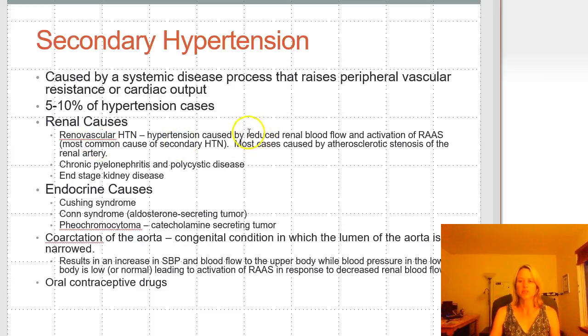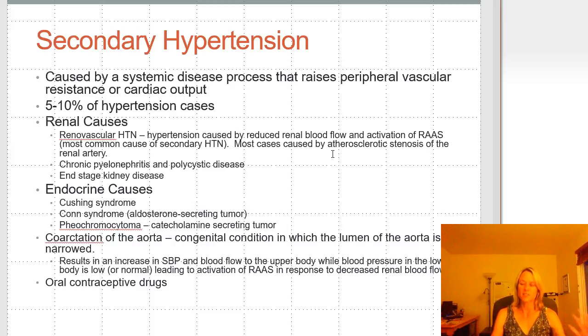So this is caused by reduced renal blood flow through the kidneys, which is going to lead to increased release of renin and activation of the renin-angiotensin aldosterone system. This is usually caused by atherosclerotic lesions or stenosis of the renal artery. So we have decreased blood flow through the renal artery, and that is sensed by the kidneys.